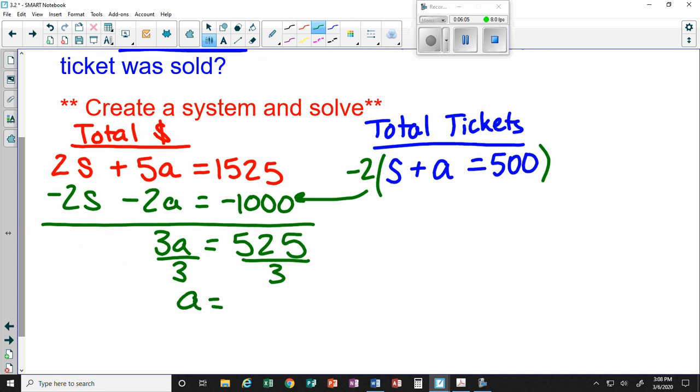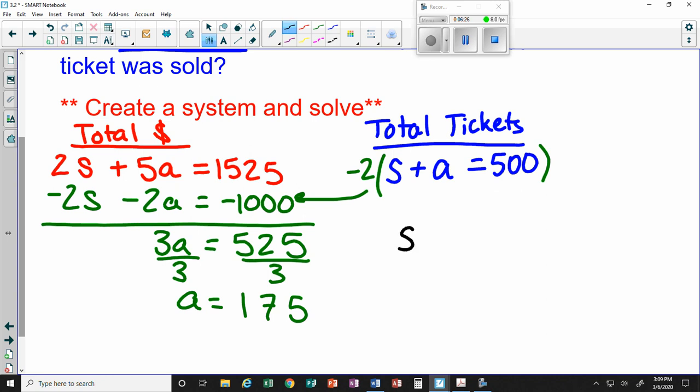Okay, so let's see, 3 goes into 5 once, 2 left. 3 goes into 22 7 times with 1 left. 15, 3 goes into 15 5 times. So there's 175 adult tickets sold. Now I need to find the number of student tickets sold.